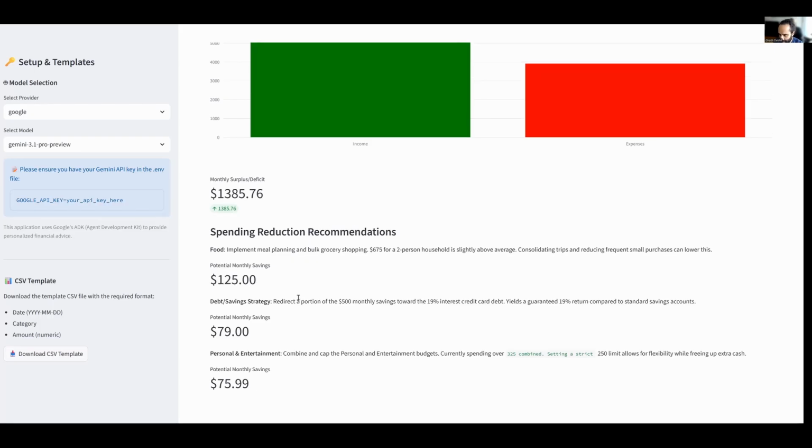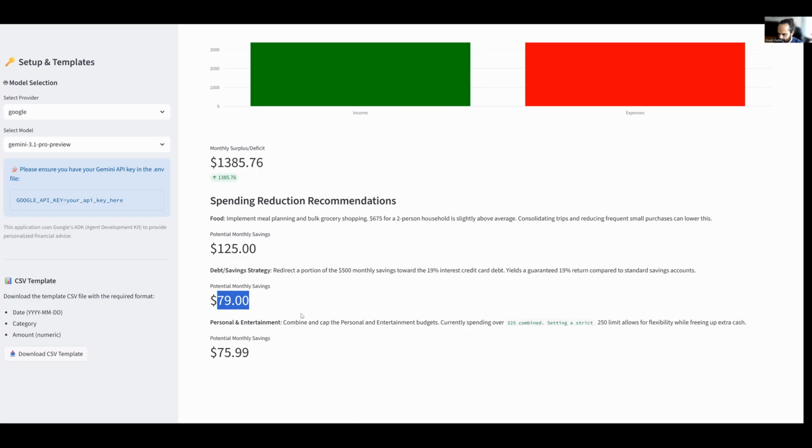The next recommendation is to redirect a portion of the 500 monthly savings toward the 19% interest credit card debt. So here the model is targeting the debt with the higher interest, and by calculating this interest reduction based on the 500 payment, we will have a potential monthly savings of 79.